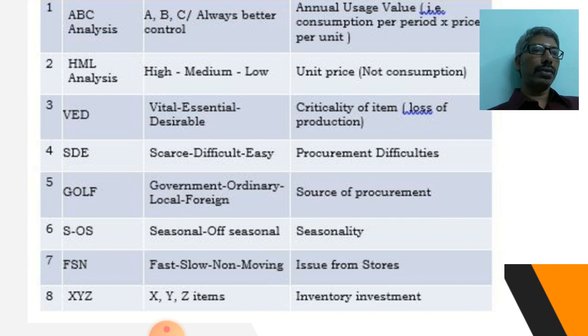If you have invested more money in that particular group of inventory, those inventories are categorized as X, and then Y group of materials have a lesser value than the X, and Z's are the lowest value materials. Okay, these are all the various inventory management techniques.